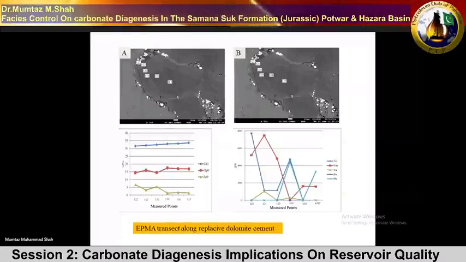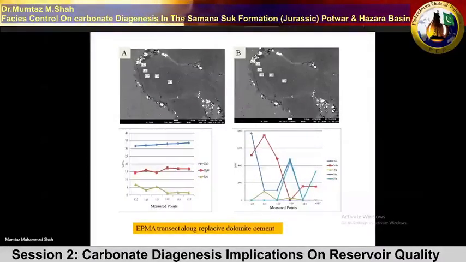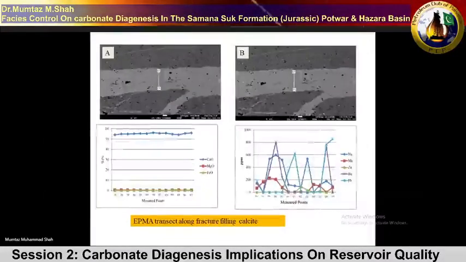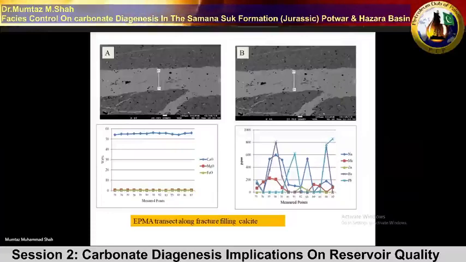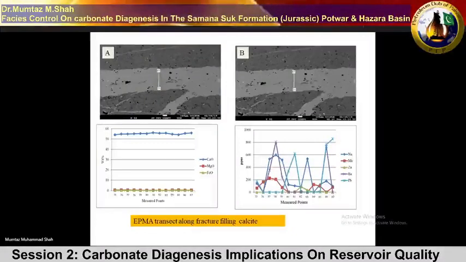Similarly, a transect along the replacive dolomite cement can be seen over here, where we have high manganese contents in figure B, and we have high calcium to magnesium in figure A. This is a cross transect across the calcite vein, and that represents mixed signatures in terms of lead, which is significantly high in this particular case, whereas we have a high signature of barium as well in figure B.